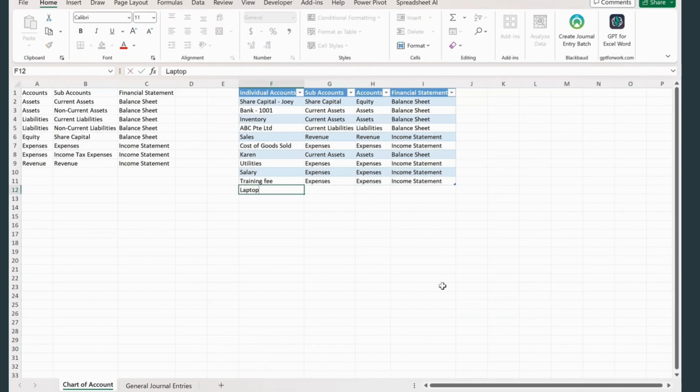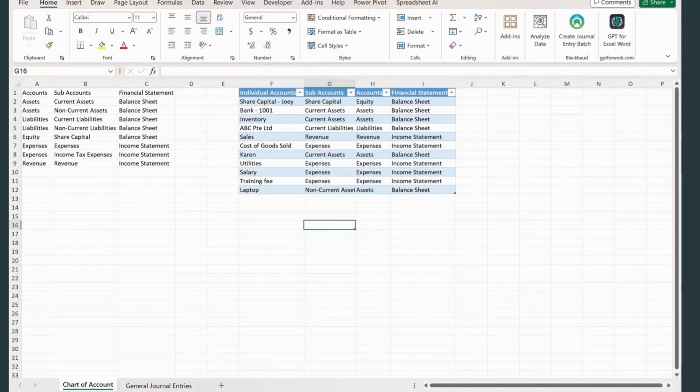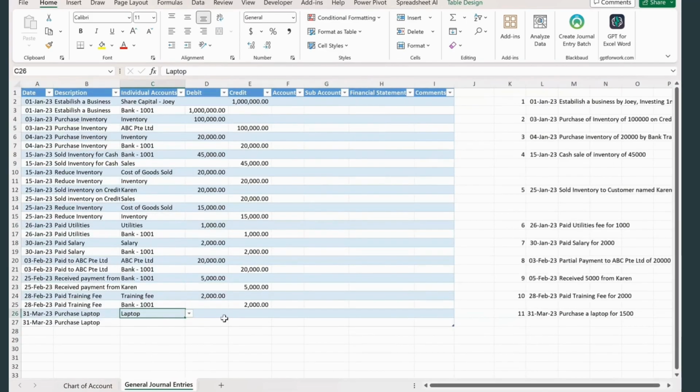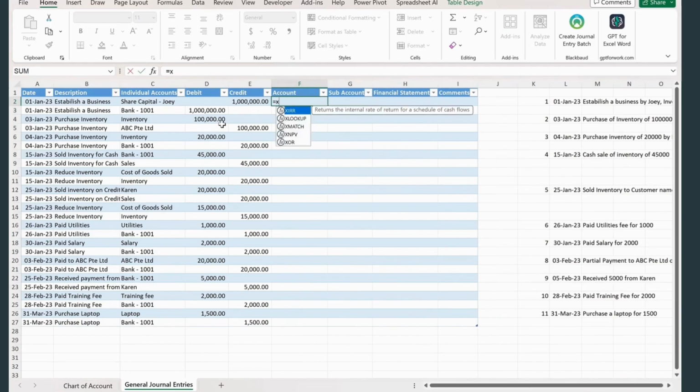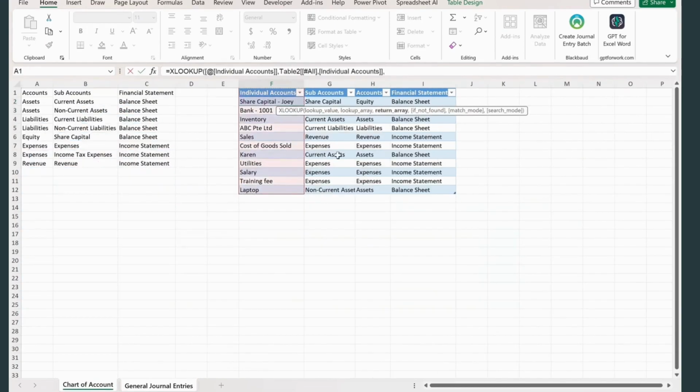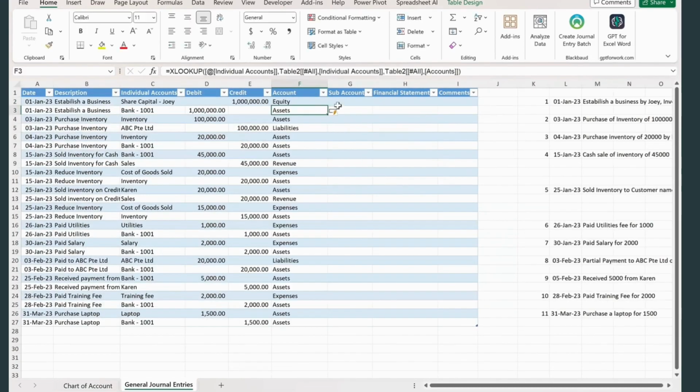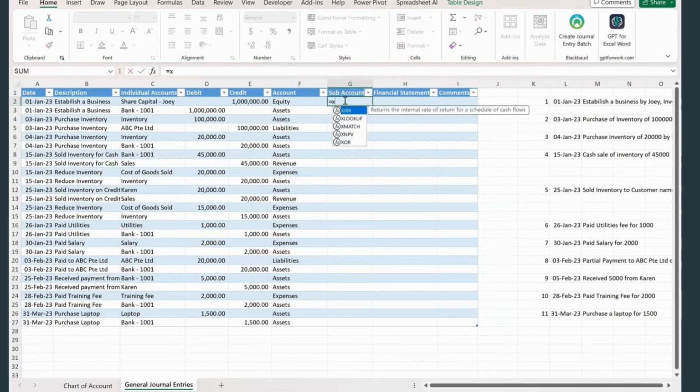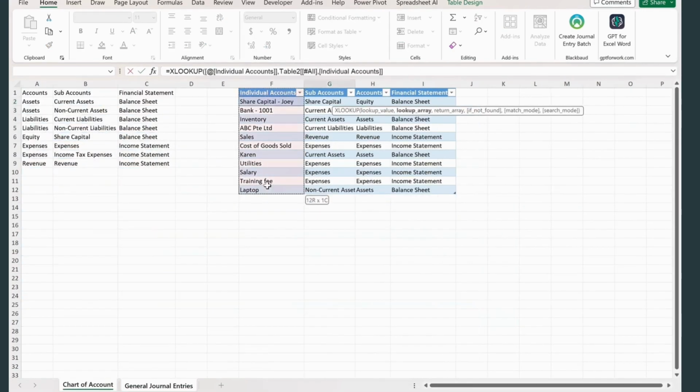So we create our laptop account. It's a non-current asset, which is also named the fixed asset. 1,005. Use XLookup to look up this sub-accounts.